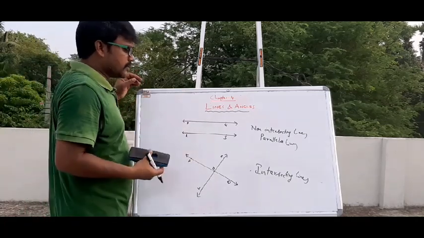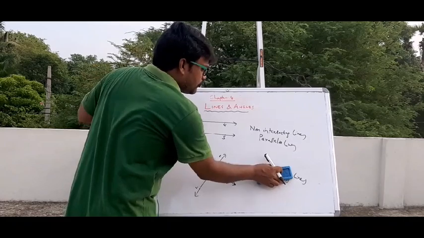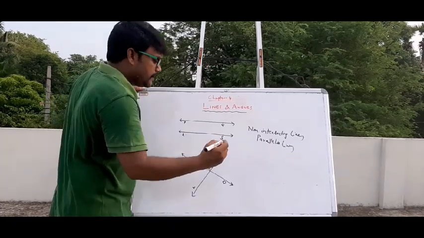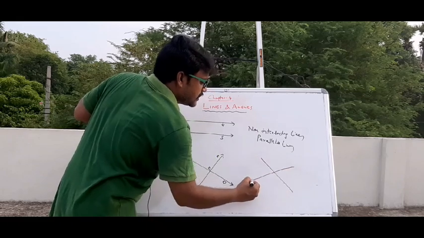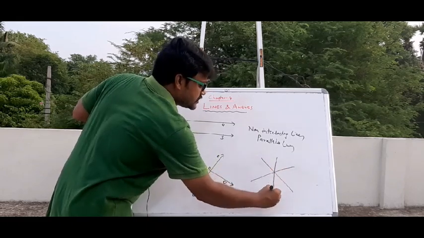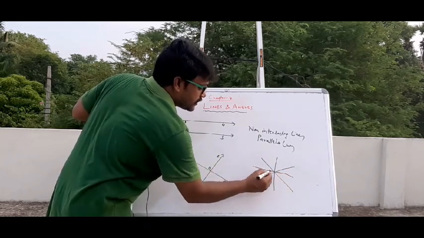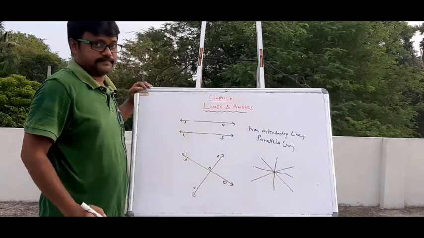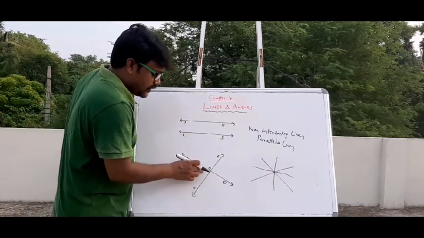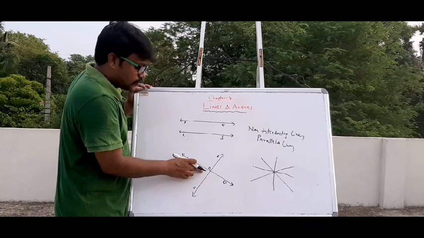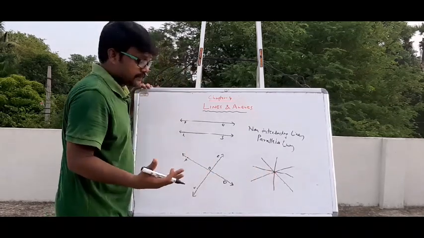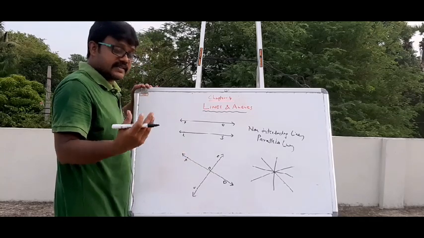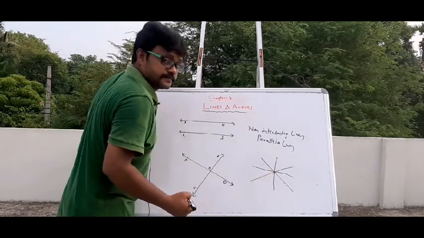Let me show you one more type and move further. See here, many lines are passing through the same point. Here only two lines have a common point, but here many lines have a common point. Through a single point so many lines are passing.